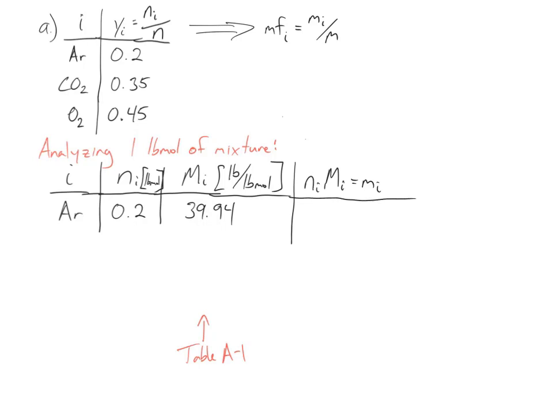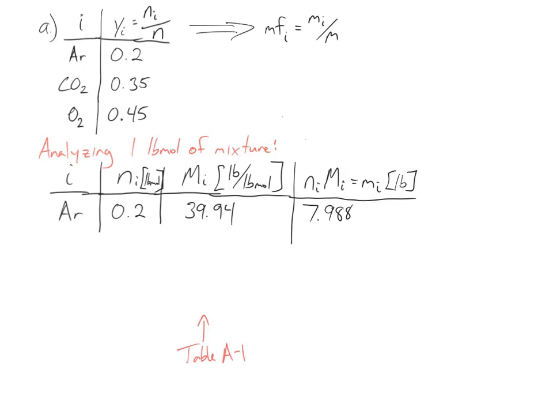We take 0.2 multiplied by 39.94, and we're going to end up with 7.988, and that's going to be in pounds. Let me get rid of pounds here and we'll put that up at the top here. So there it is in pounds.